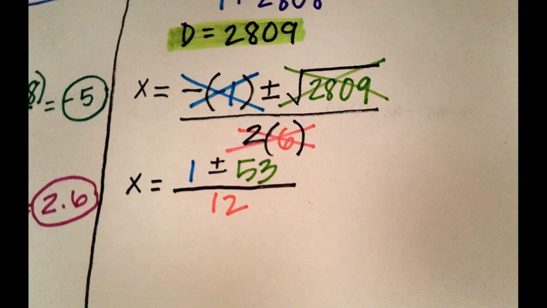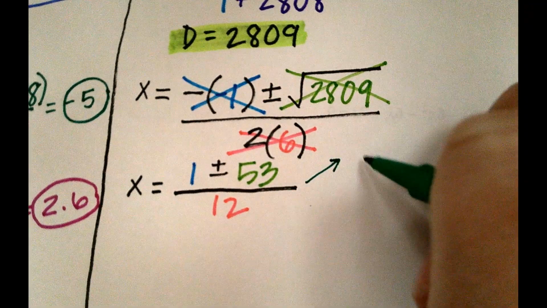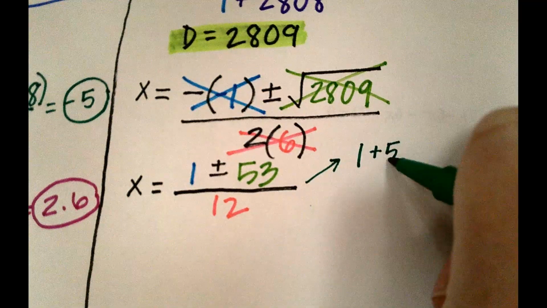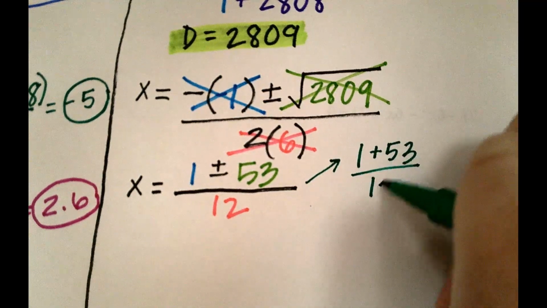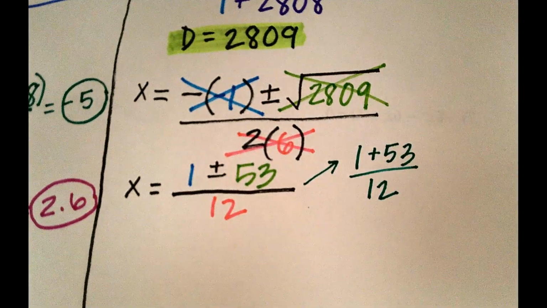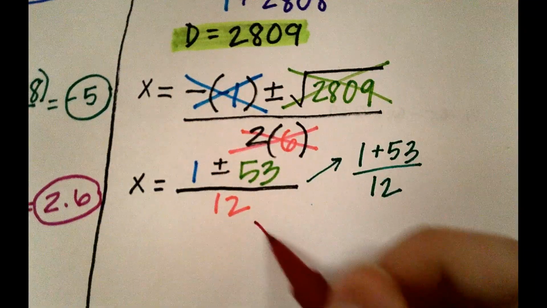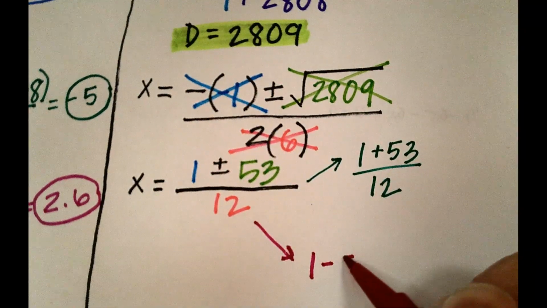So what's our plus equation? 1 plus 53. Good. 1 plus 53 over 12. And then 1 minus 53 over 12.